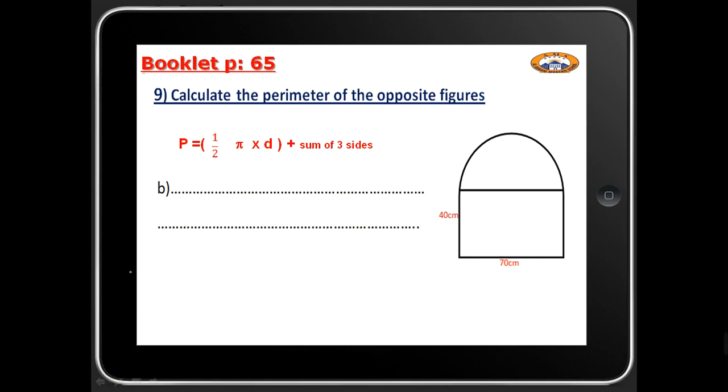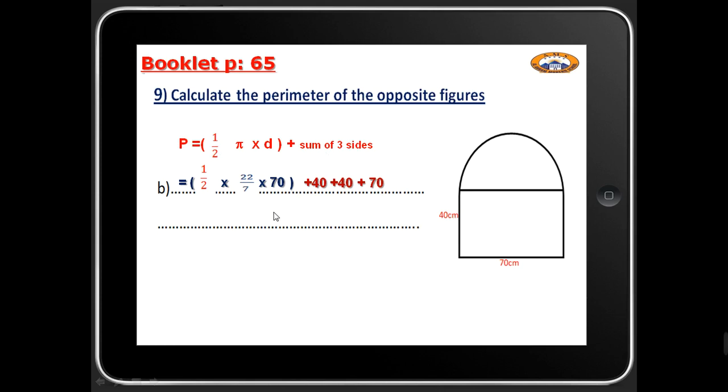So here I'm going to have half times pi times diameter length, which is 70 centimeter, plus I have the sum of the three sides, which I told you 40, 70, and also I have another side of the length of 40 centimeter. So half times 22/7, this is the pi, this is our ratio, times 70. 70 here is the length of the diameter. And then I'm going to add to this value the sum of the three sides, which are 40 and 40 and 70.